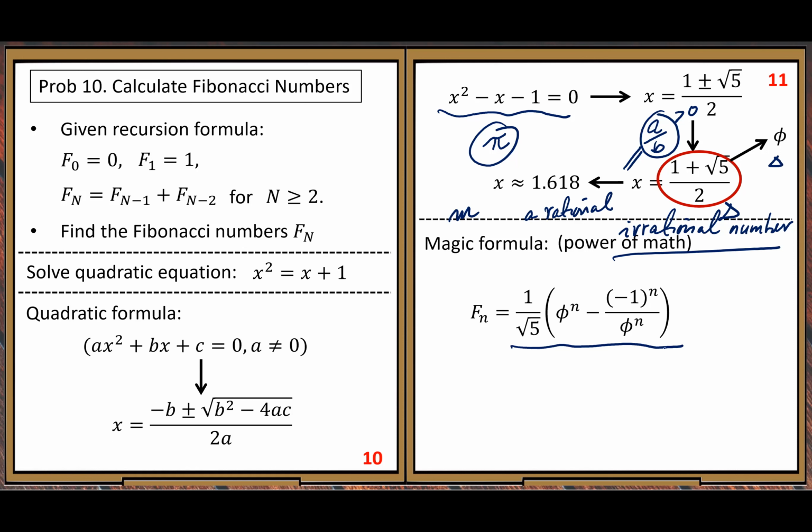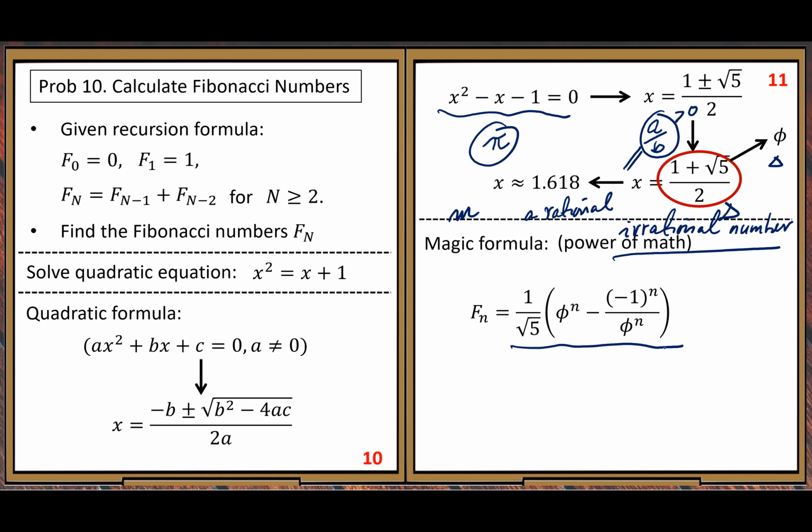This formula is quite unusual, because to understand it, people usually rely on their intuition. By intuition, we know the Fibonacci numbers are integers, so we expect to have some integer expressions.